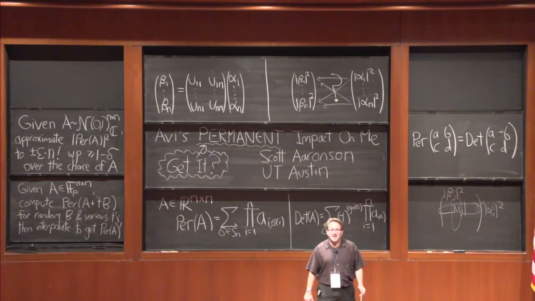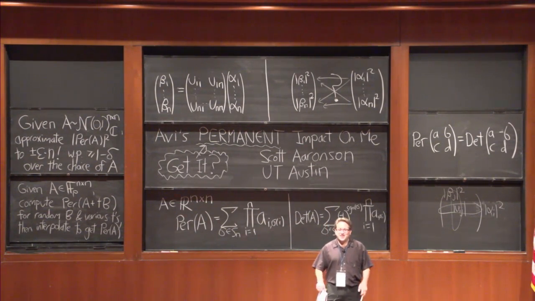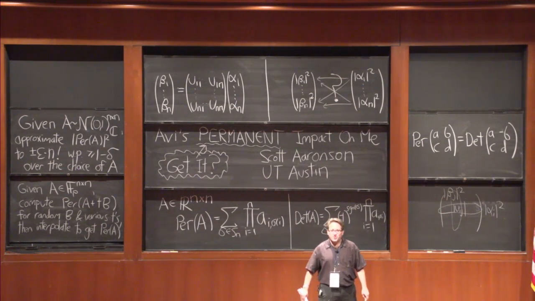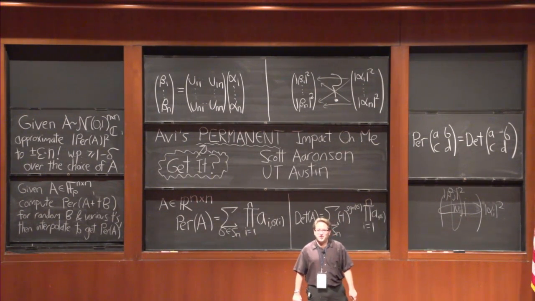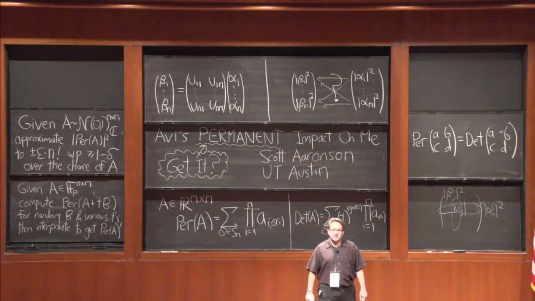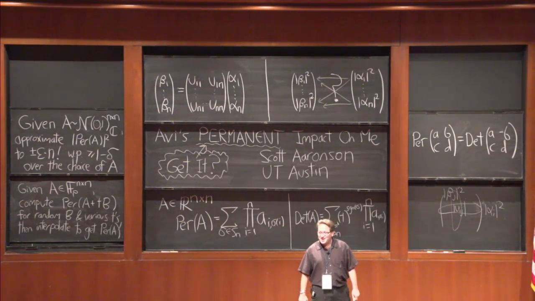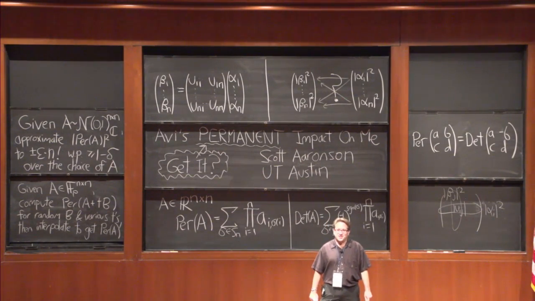Recently I actually asked Weinberg about that, and he said, well, of course he knew that the function is called the permanent, but he assumed that no one else would know that because he thought it was just an obscure function that a few physicists talked about.